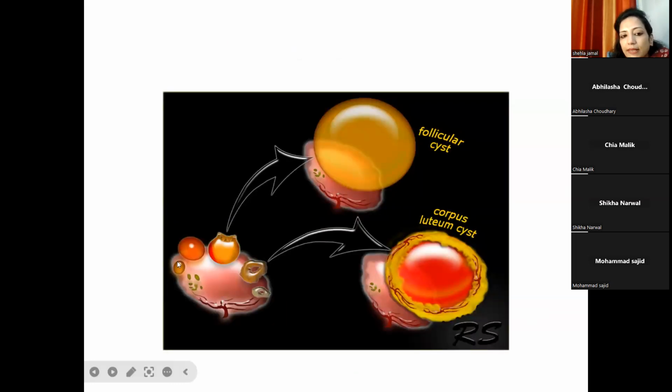So जैसे menstrual cycle advance करती है, तो first follicles are recruited, a dominant follicle is formed. Sometimes there is no ovulation or there is parallel recruitment of 2 large follicles. This follicle, if it is not rupturing, it leads to entrapment of a lot of fluid, and thus a follicular cyst is formed.